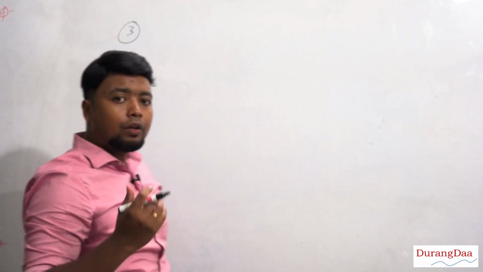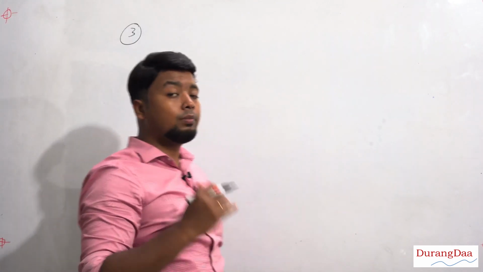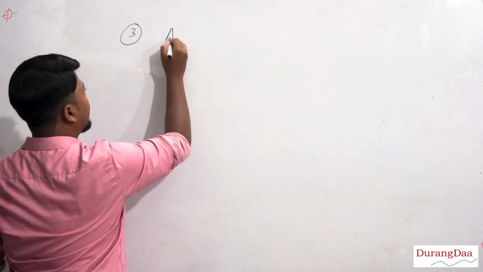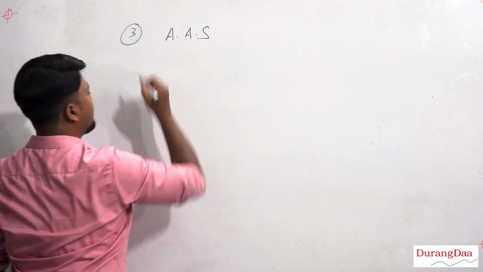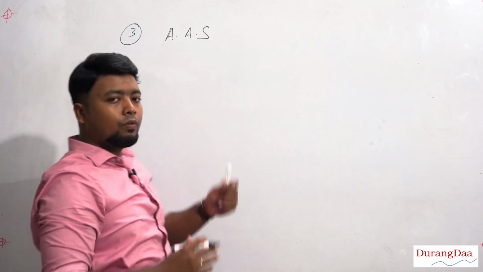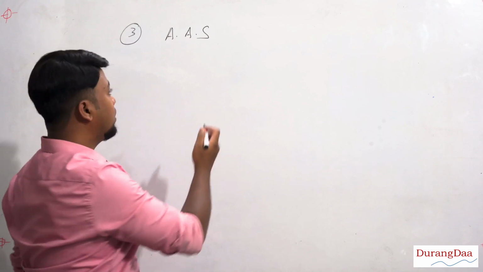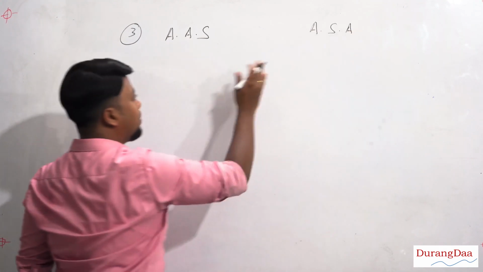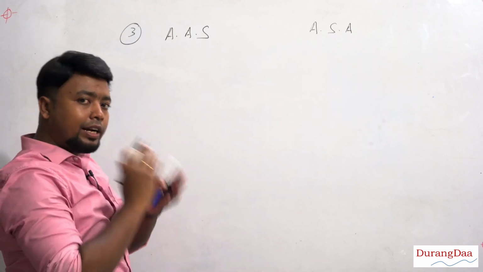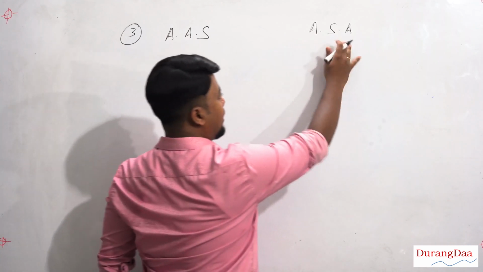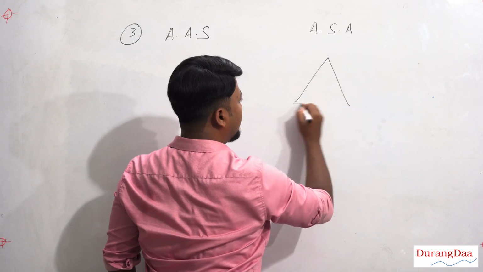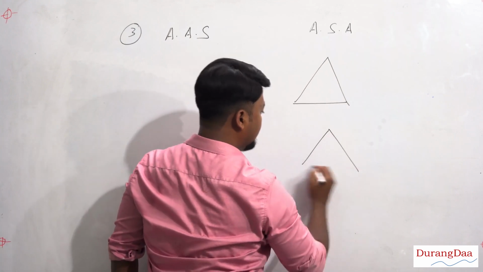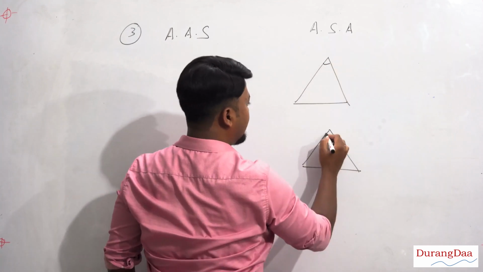Now, the third way by which you can prove two triangles congruent is by angle, angle, side. But before starting this one, once again I will revise the previous one, which was angle, side, angle, because both of them are a bit confusing. First, get it clear that in angle, side, angle, when we proved two triangles congruent, two angles were equal.